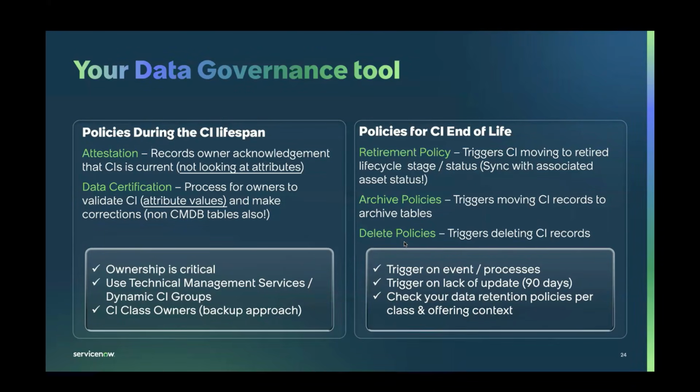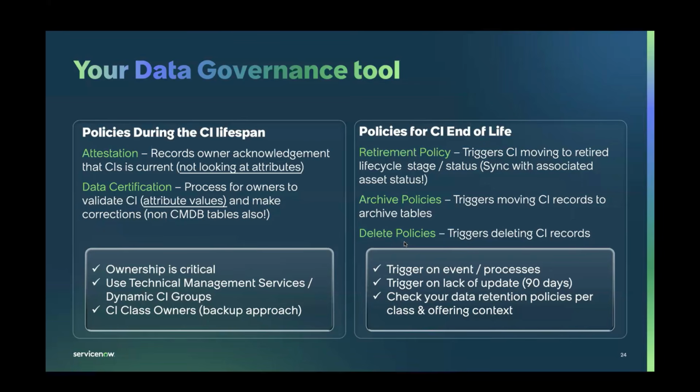What attestation does is it looks at the records and just ensures that the record is still valid. It doesn't look at any data. We don't look at the attributes or references or relationships or anything. We just provide that information and have the owner acknowledge that it's still current and we should continue to use it.